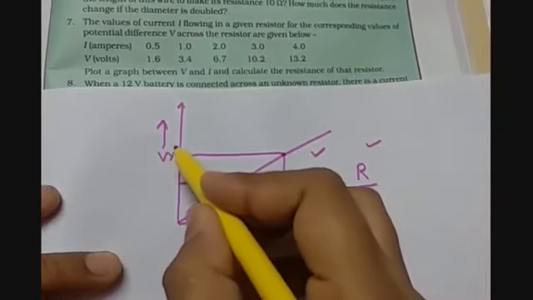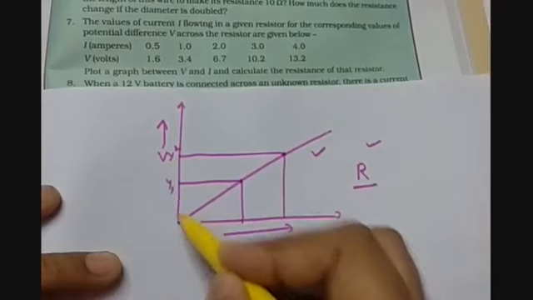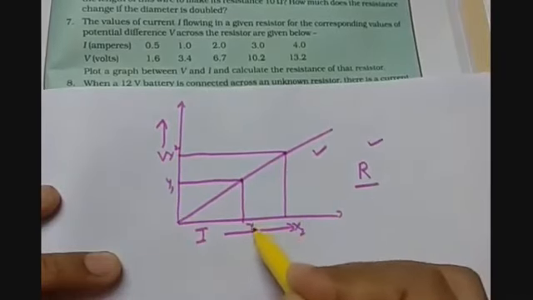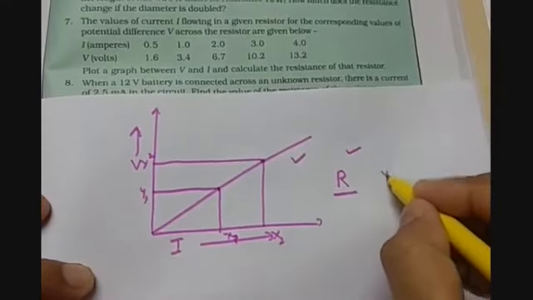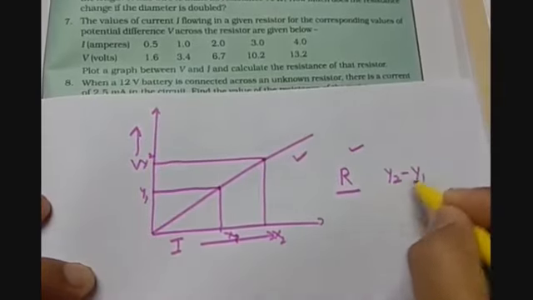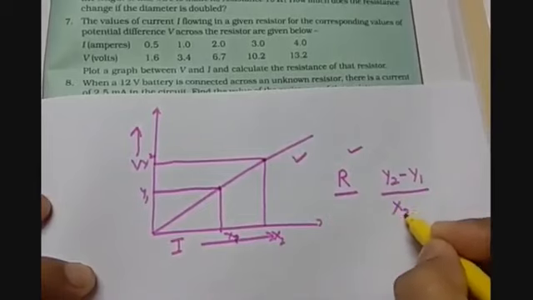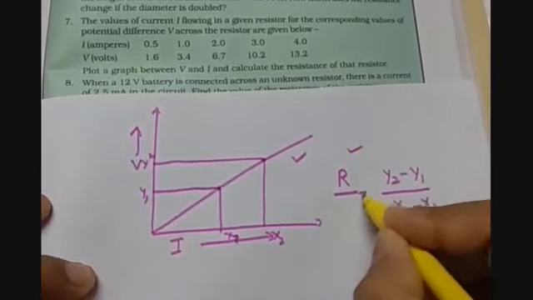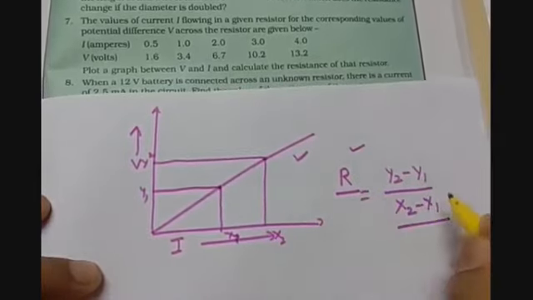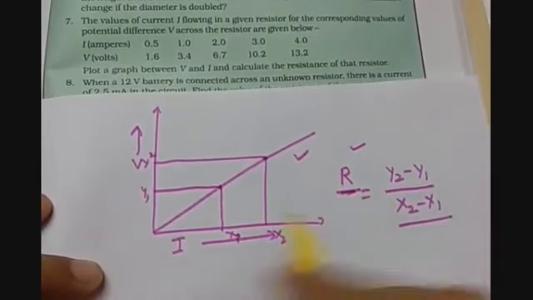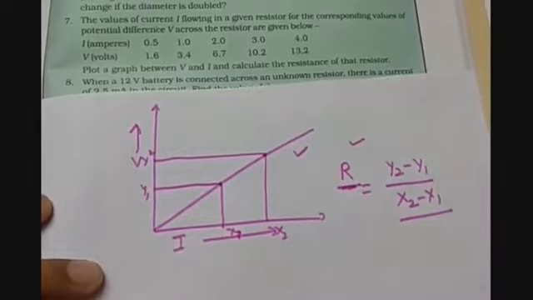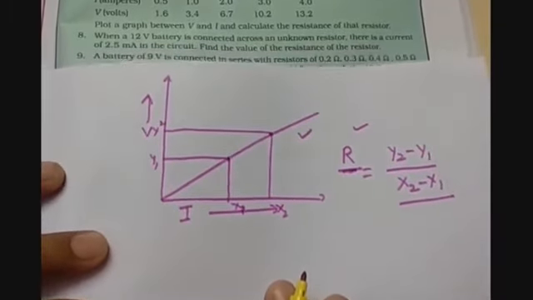So here you will get the values y2, y1 and x2, x1. The slope will be y2 minus y1 upon x2 minus x1, and this slope will be equal to the resistance that you have to calculate. So this you have to do by yourself. Now let us move on to the next question.